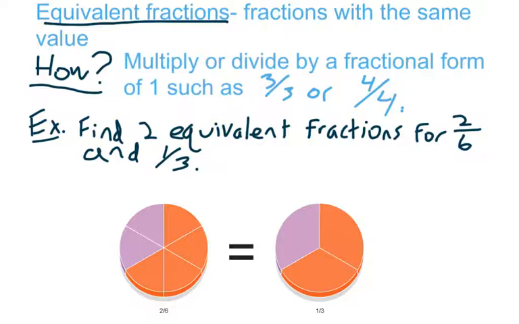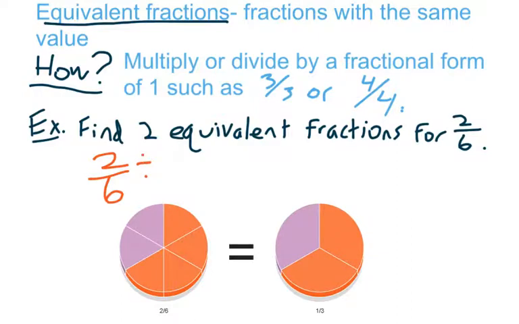So for example, if we said find two equivalent fractions for these two down here, which are 2/6 and 1/3, let's revise that a little bit. We're just finding two equivalent fractions for 2/6. And I'm going to show you how we got 1/3. So with 2/6, if we divide by our common factor, and look at the 2 and 6, 2 will go into both of those.